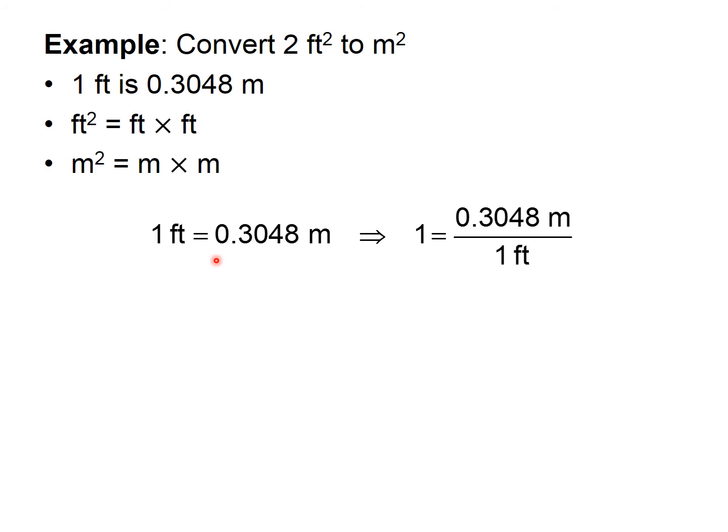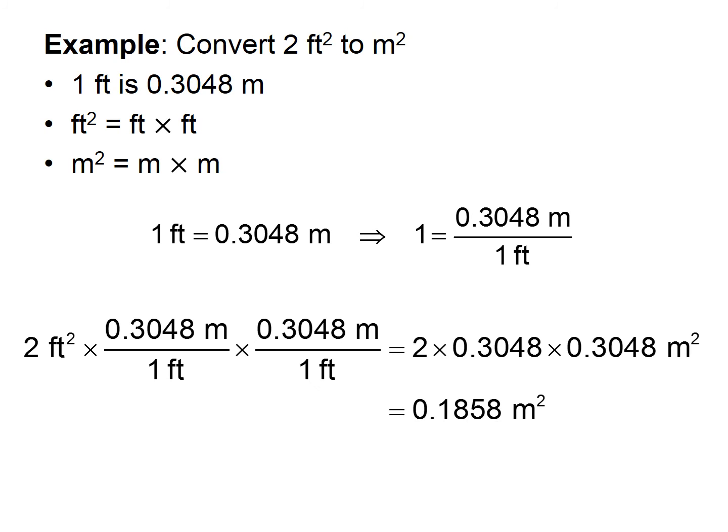Okay. And so let's take this first piece of information, that 1 foot equals 0.3048 meters. And if we divide both sides by feet, we get that 1 is equal to this fraction. And so having a fraction equal to 1 is a very important step in dimensional analysis. So now, if we take our original quantity, 2 square feet, I'm going to multiply by that fraction twice.